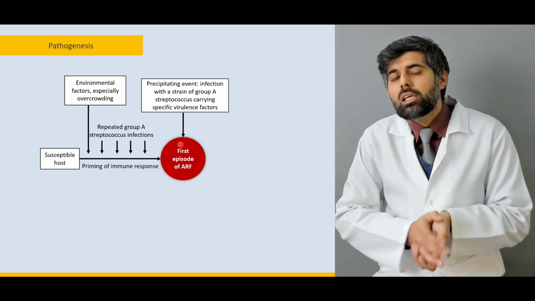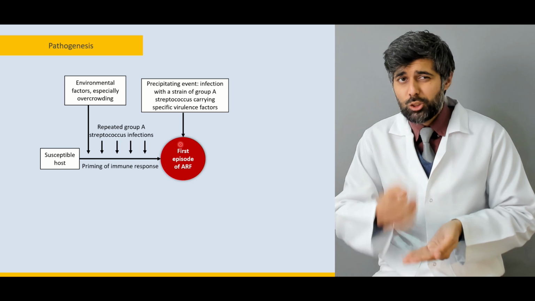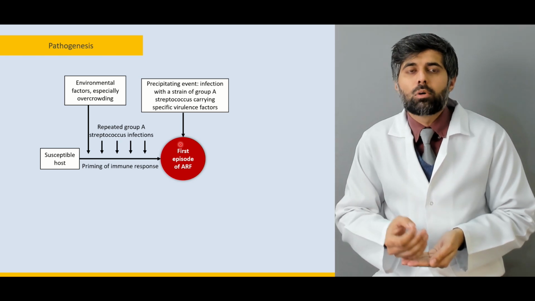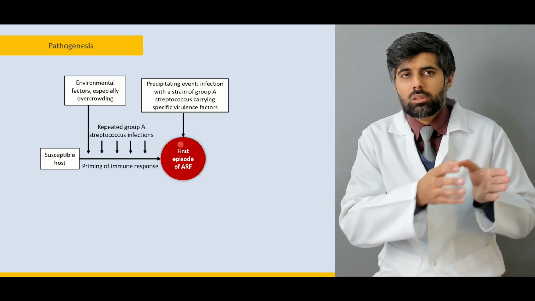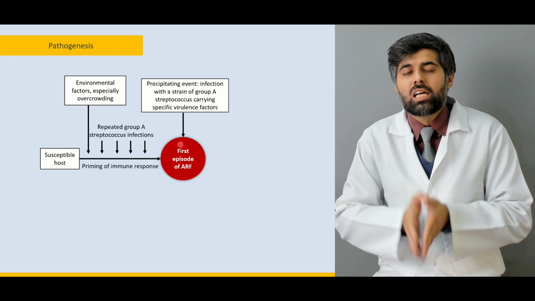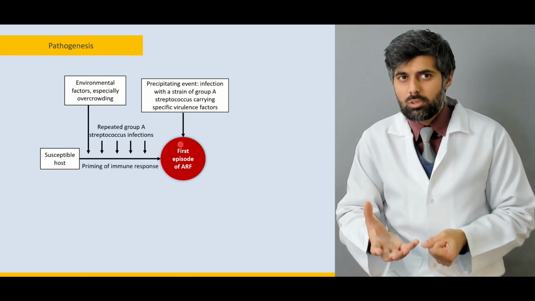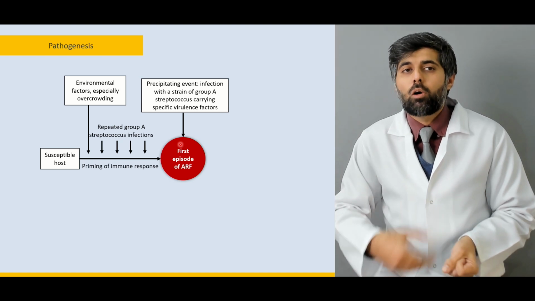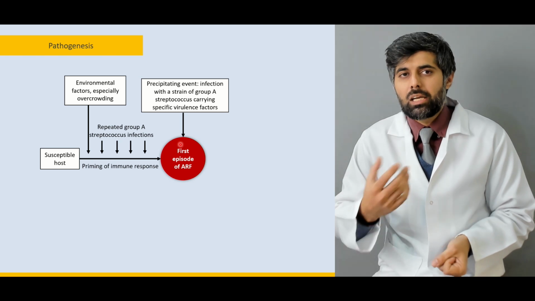The M protein is of special interest because it determines the serotype of the group A streptococci. Serotypes 1, 3, 5, and 6 are the most common culprits in producing acute rheumatic fever in a patient.